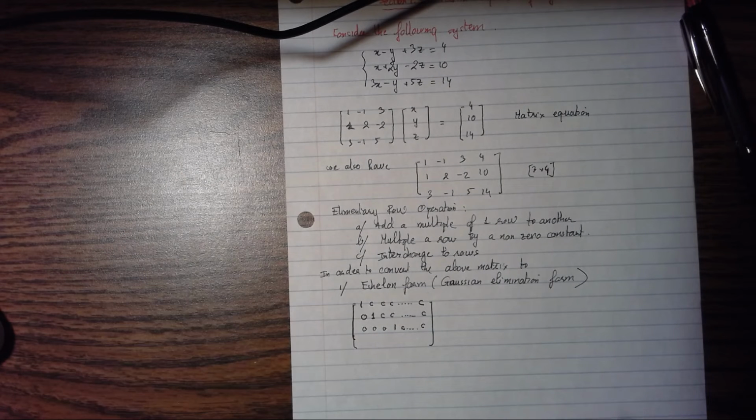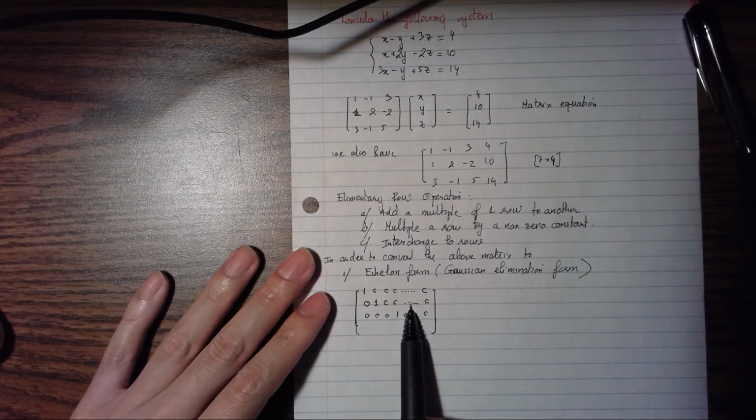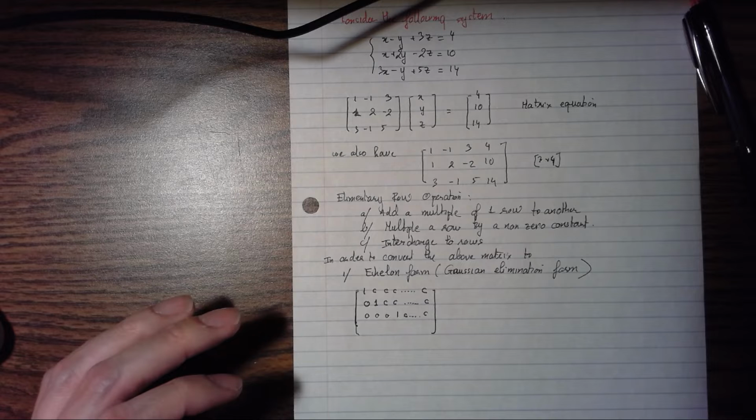You see that the non-zero leading entry is always 1, and it's always to the right of the non-zero leading entry of the previous row. It cannot be 1 here.